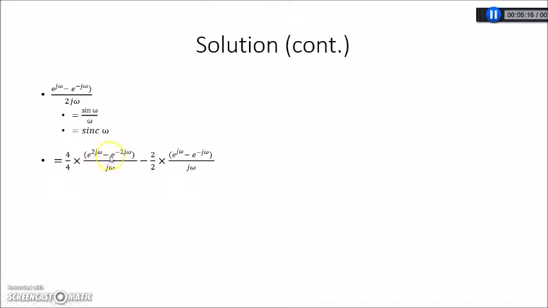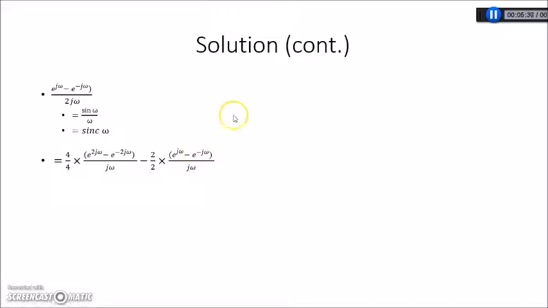So here is j omega, therefore we must make it equivalent so that all the powers are included and the denominator equals 2j omega, and the same goes here, which is basically the same thing.